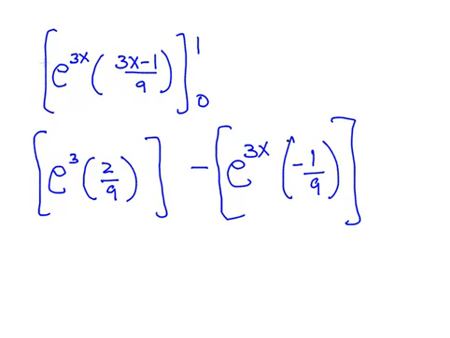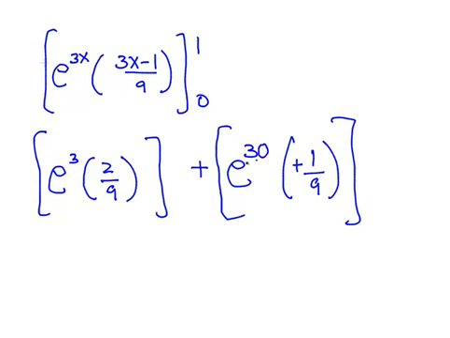The minus and the minuses cancel out. So we have e to the 3 by 2 over 9 plus e to the 3 times 0, which is e to the 0, times 1 over 9. I forgot that step.